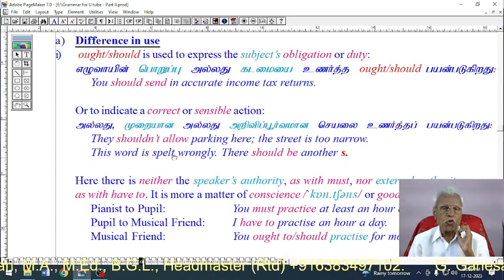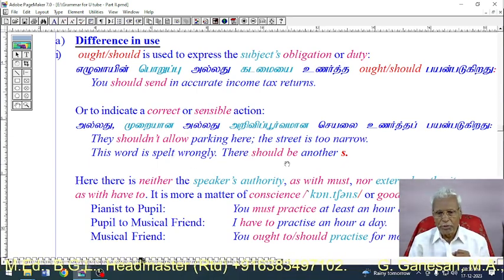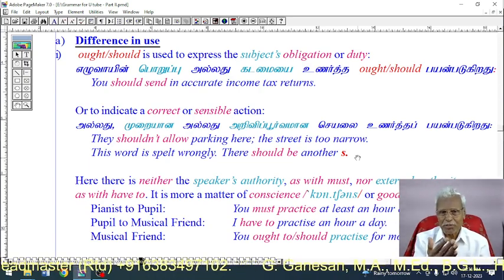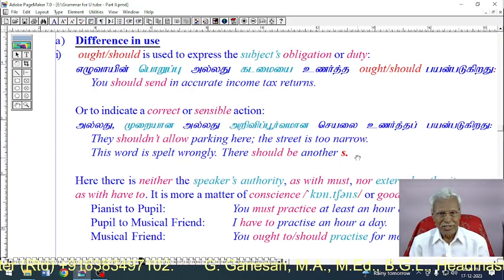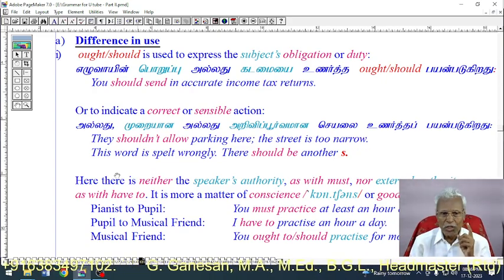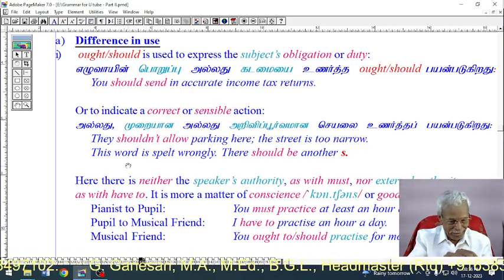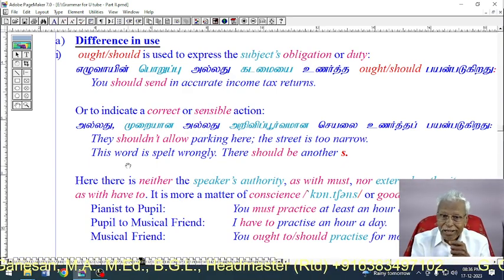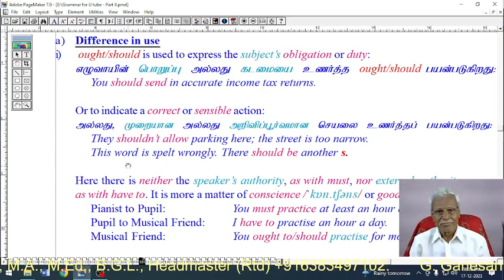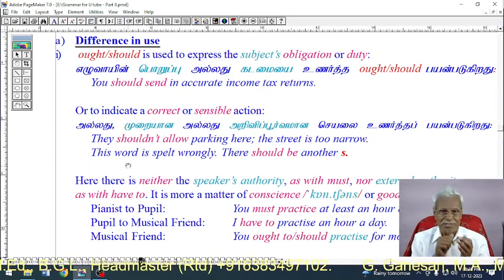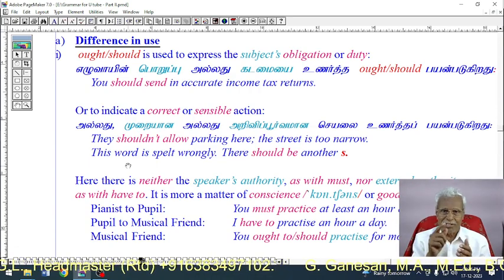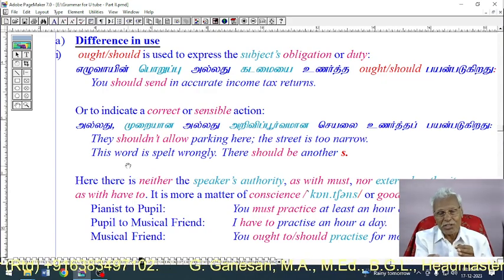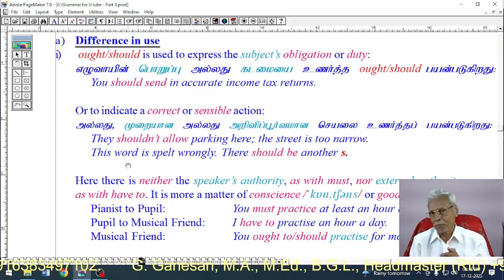This word is spelled wrongly. There should be another S. Here we are expressing correctness or sensibility. The word has been written wrongly. It needs another S. If you write C-L-A-S, class, like this, there is an error regarding the spelling.